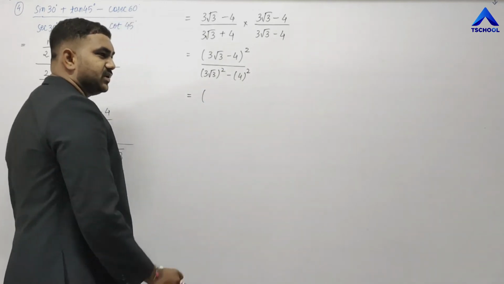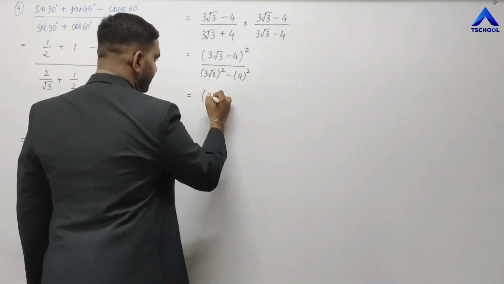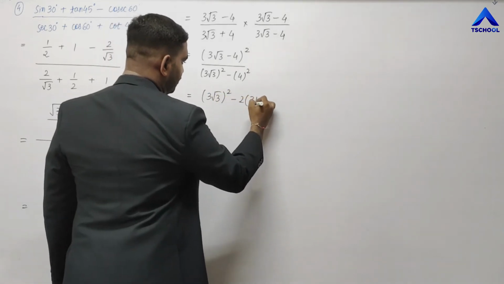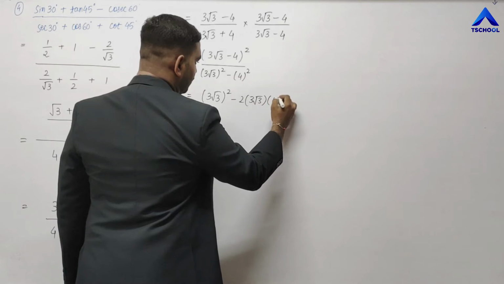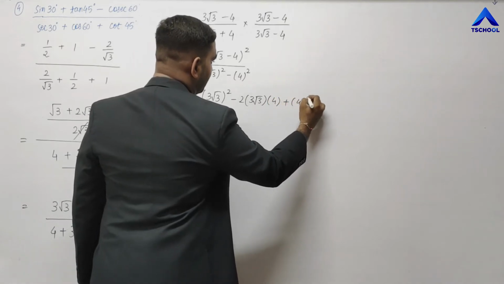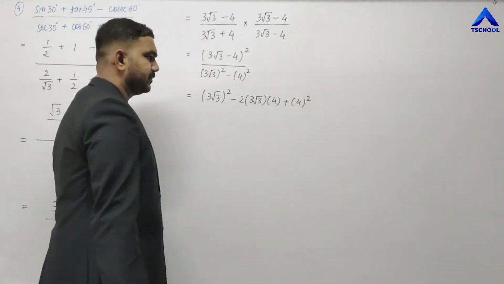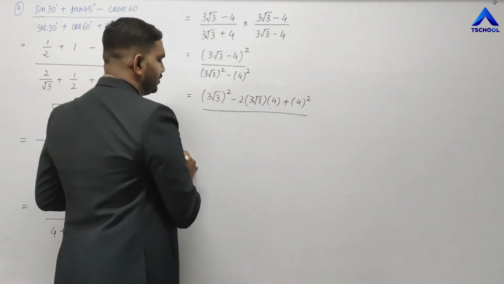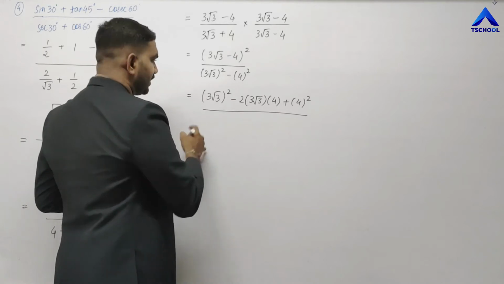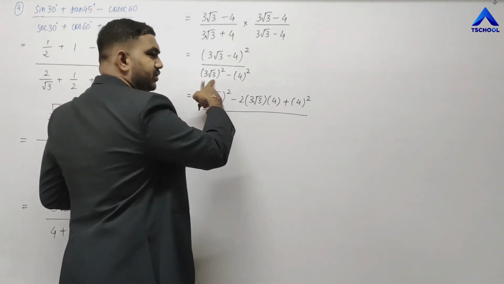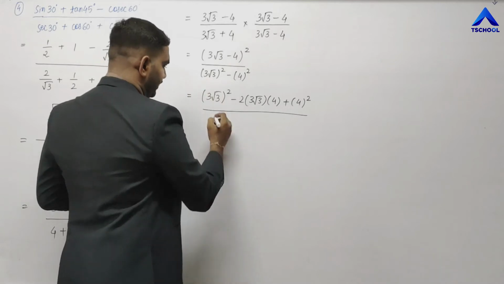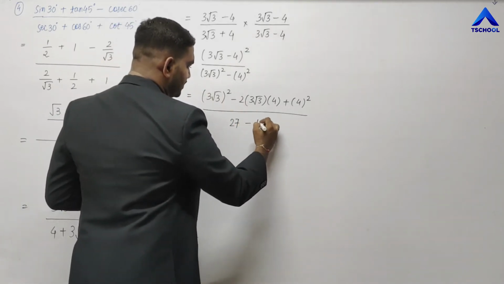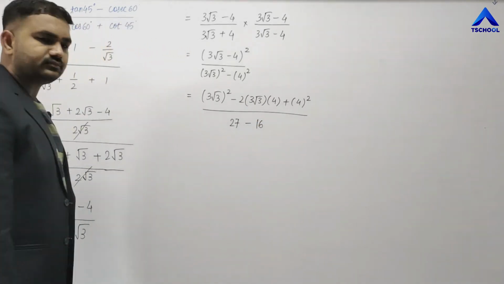Here, (a minus b) whole square, the formula of (a minus b) whole square, that is a square minus 2ab plus b square, whole divided by (3 root 3) square. So what is (3 root 3) square? 3 into 3 is 9, root 3 into root 3 is 3, and 9 into 3 is 27, minus 4 square is 16.